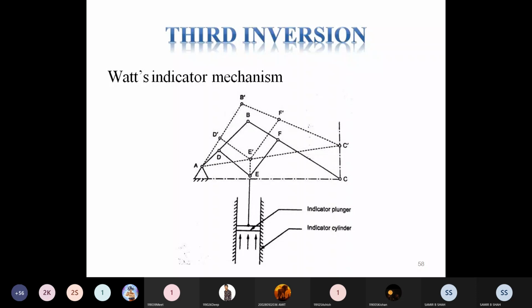Initial position and next position: initial position means E, and next position means E dash.